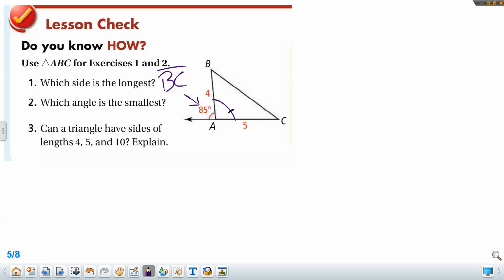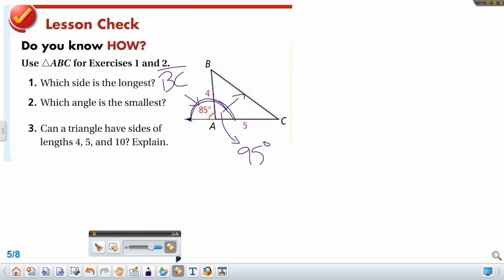Yes, you know the measure of a straight angle equals 180. So we can find this angle by 180 minus 85, which is 95. And an angle of measure 95 is an obtuse angle. The obtuse angle is the biggest angle in the triangle. So the opposite side is the biggest side in this triangle. Okay? This is number one.